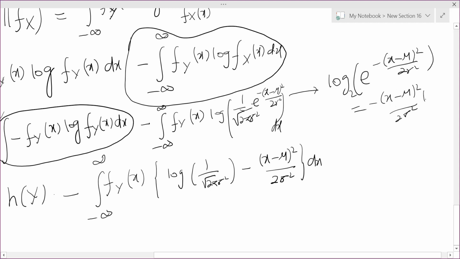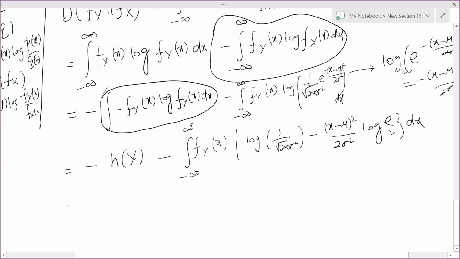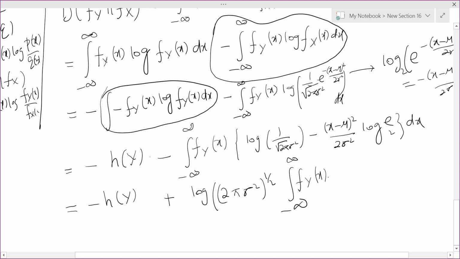See, the base is 2, so it is log of e to the base 2. So there will be this part here, log of e to the base 2 dx. So this is minus h of y. Now the first part is log of, again I will write it, 2 pi sigma square, plus integral fy of x dx.